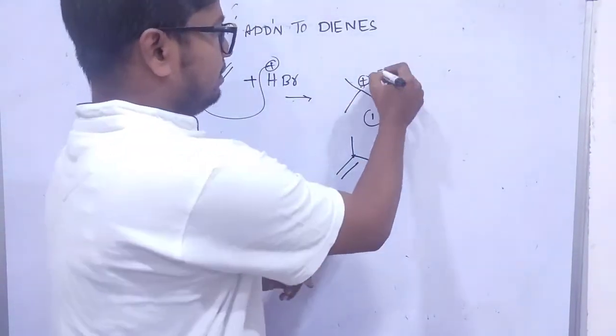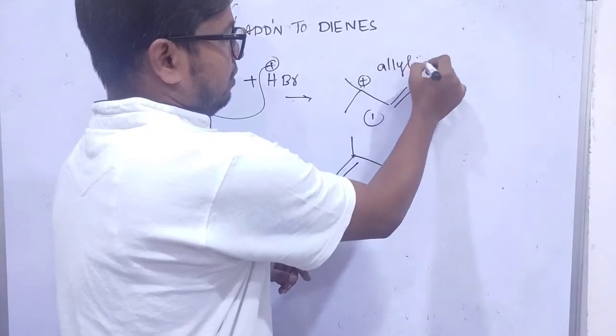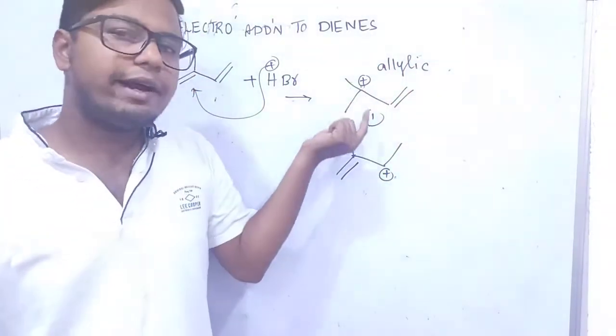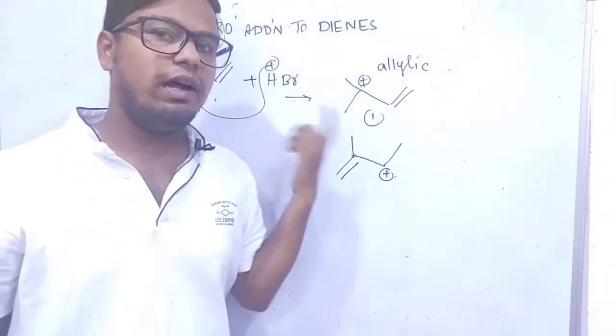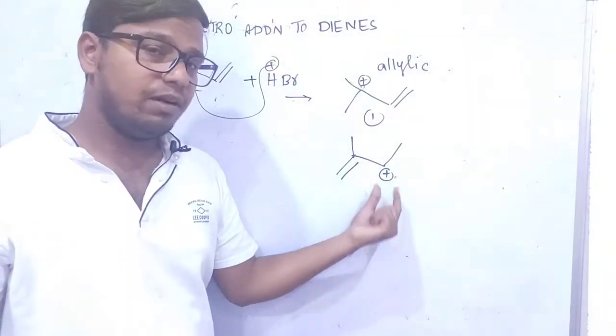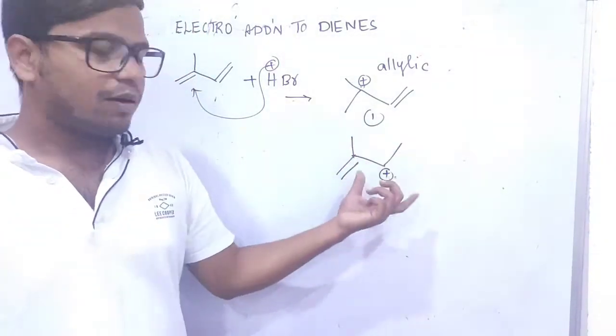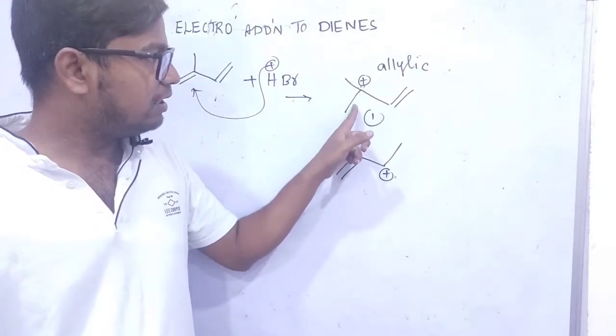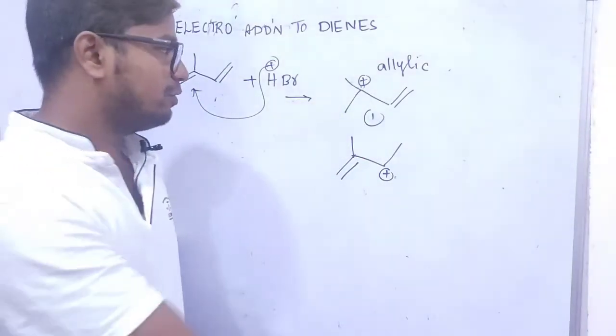This is an allylic carbocation. The double bond attached carbon is called the allylic carbon and the carbocation formed is called the allylic carbocation. So here also it is an allylic carbocation, on the double bond attached carbon. In both cases the carbocation is stabilized, but if you closely observe this carbocation, there is extra stabilization. Why?